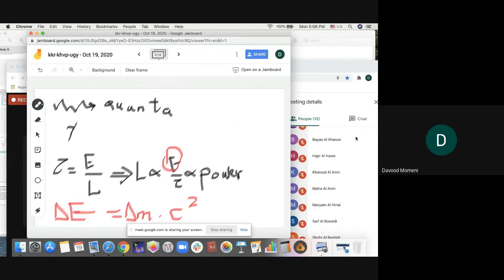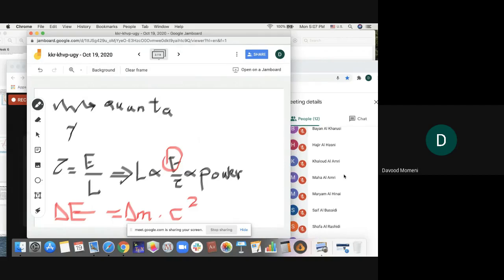Okay, anybody else, for example Shafa al-Rashidi? Shafa, can you tell me what the dependence of the luminosity on the mass is for high mass and low mass stars on the main sequence? Do you remember this? The luminosity depends on the mass, as you know, because it depends on energy.